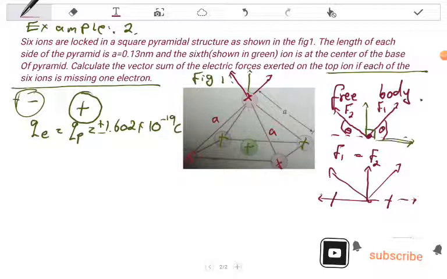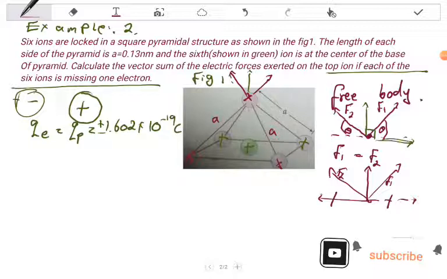You can see that if this force F1 is equal to F2, these two forces can be decomposed into a vertical and horizontal component. The vertical components of these two forces are both going upwards, so therefore they add up. The horizontal components are going in opposite directions, therefore they cancel each other.